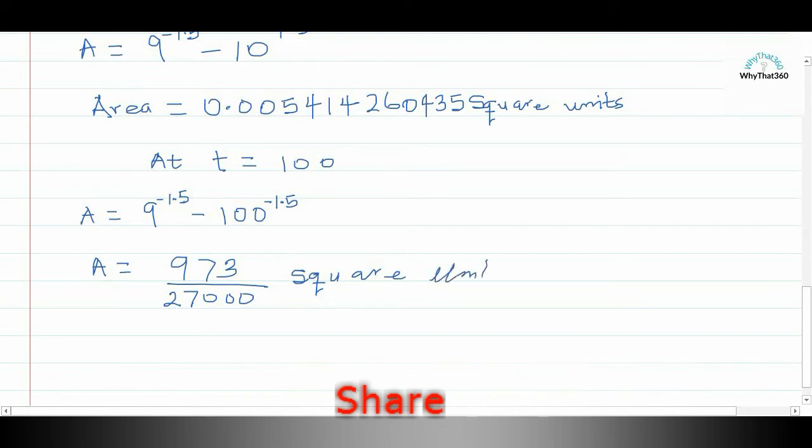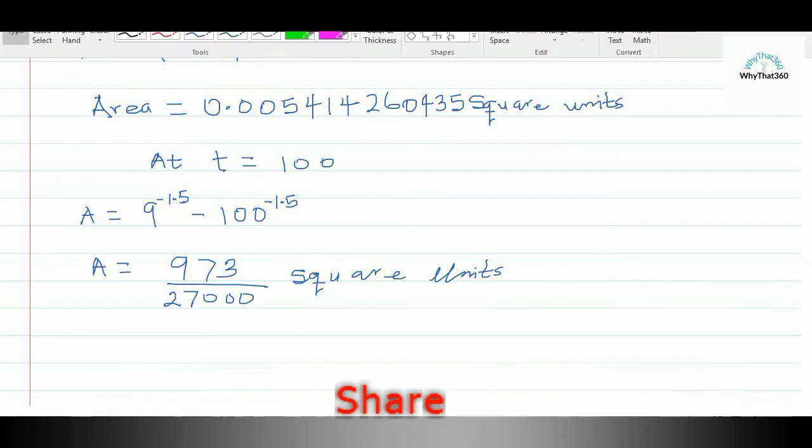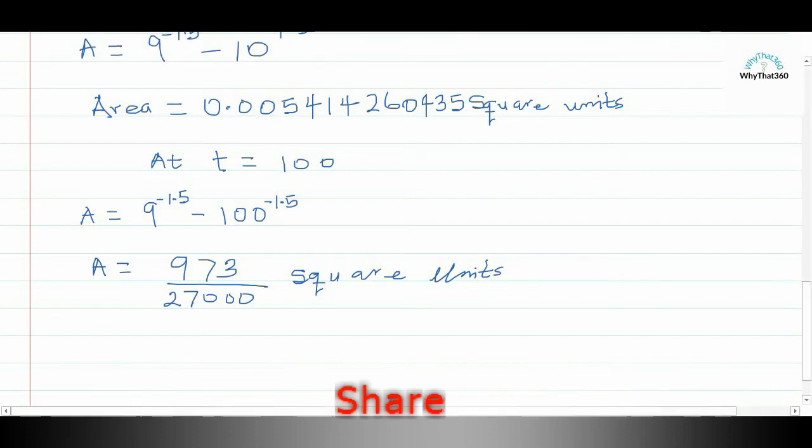Or you can write your value in decimals, and in decimals we will say that the area is equal to 0.036 037, and they are all repeating, and we attach the units, which is square units.